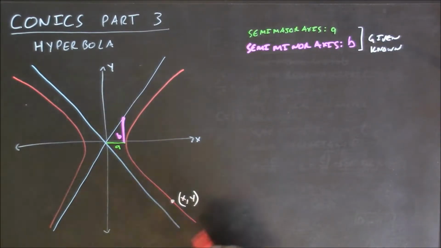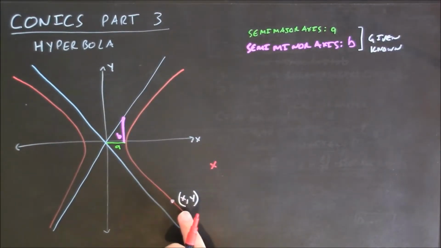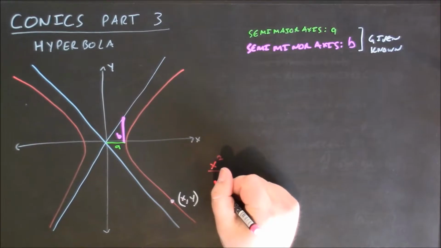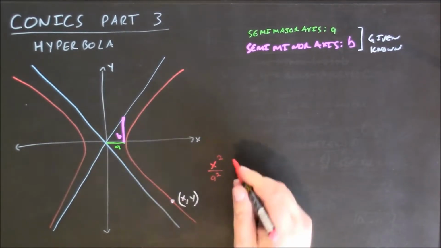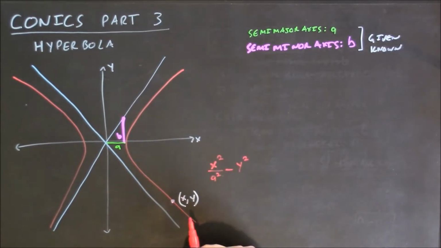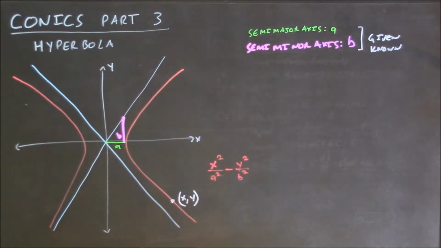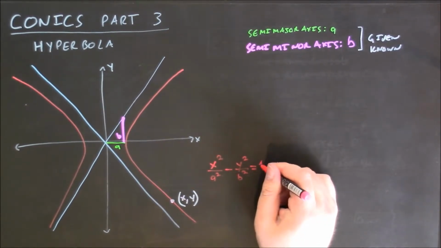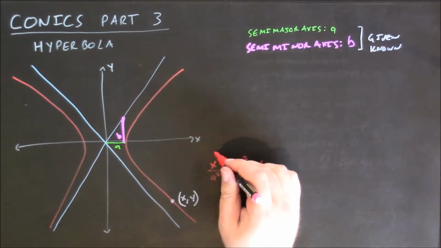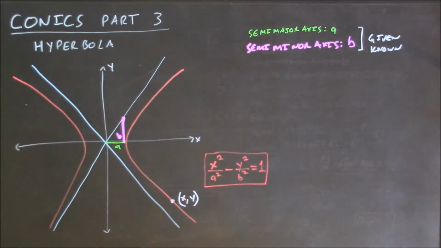Now that equation ends up looking like this. The distance in the x direction of this point squared over the semi-major axis squared minus the distance of that point in the y direction squared over the semi-minor axis squared is always equal to 1. This is the fundamental equation that represents every point on this hyperbola.